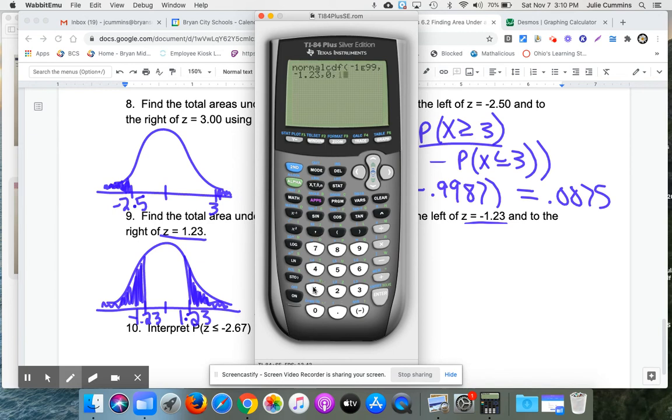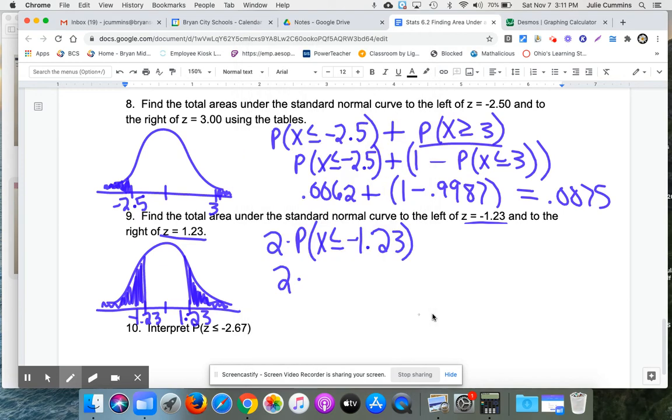Mu is 0, sigma is 1, and that's going to give me 0.1093. So then I'm coming back over here, 0.1093. And then when we multiply that by 2, we should get 0.2187.